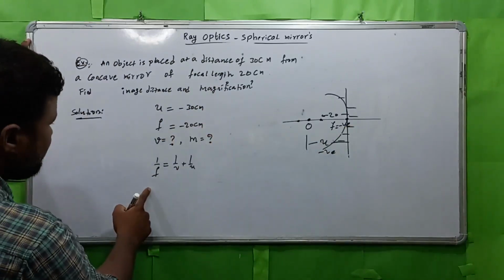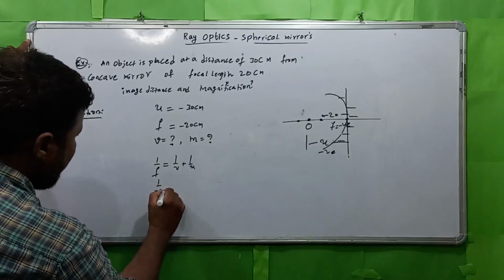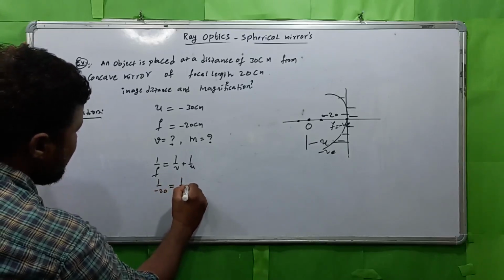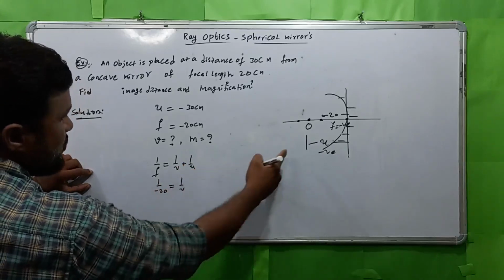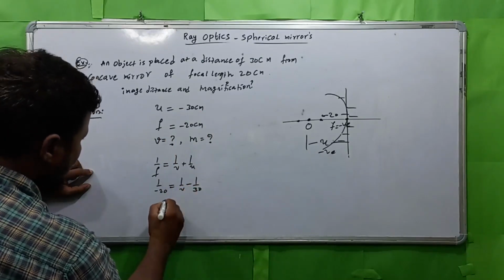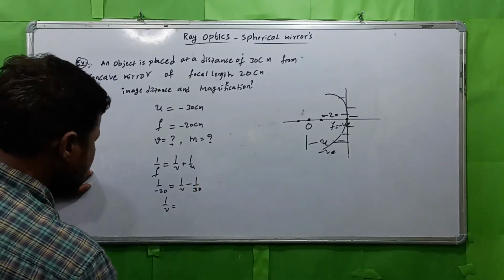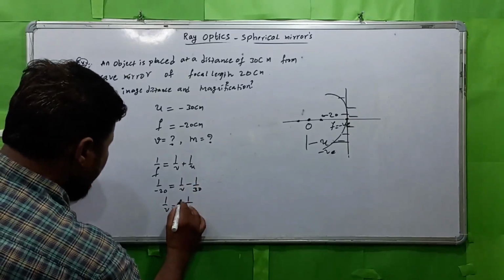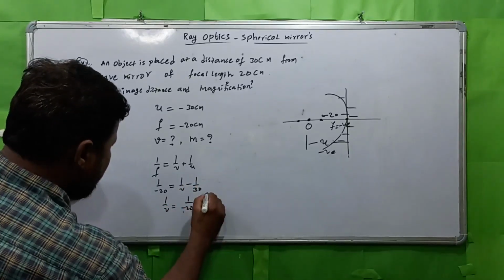Apply mirror formula, 1 by minus 20 is equal to 1 by V plus 1 by U. U is negative, so U is minus 30, 1 by 30. From this, 1 by V can be written as 1 by minus 20 plus 1 by 30.